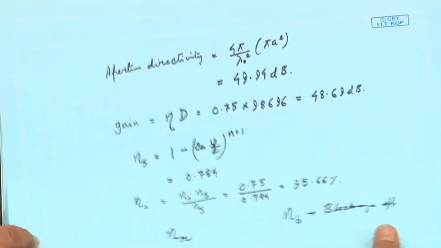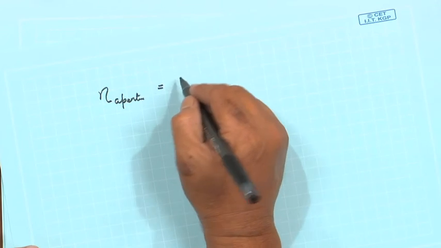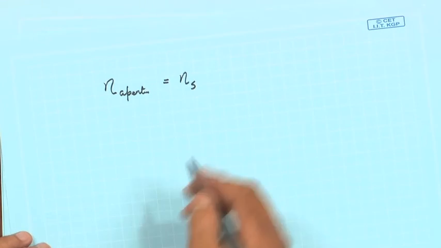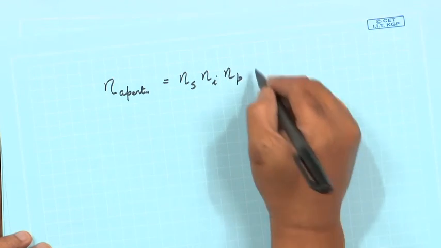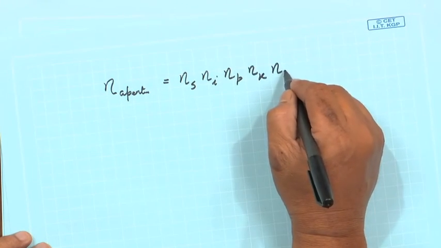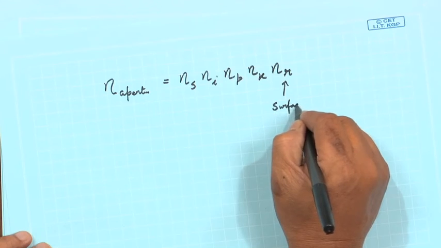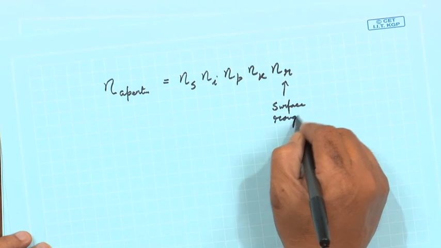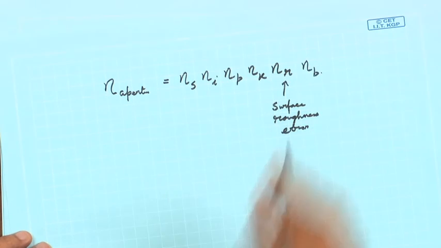So, finally, I write the efficiencies that are involved in the aperture efficiency. One is spillover efficiency, one is illumination efficiency, one is polarization efficiency, one is uniform field efficiency, then the surface roughness, the surface error efficiency, and then the blocking efficiency.